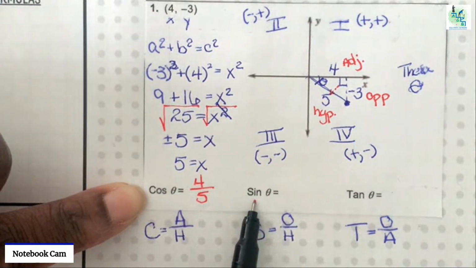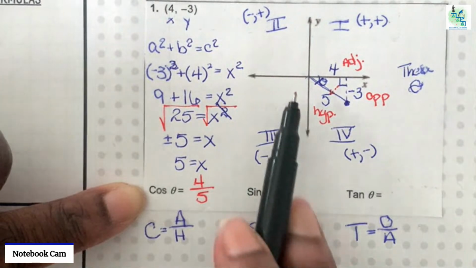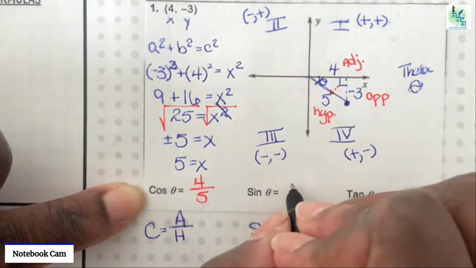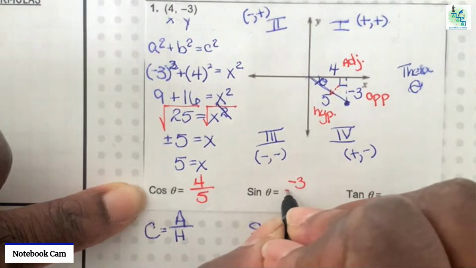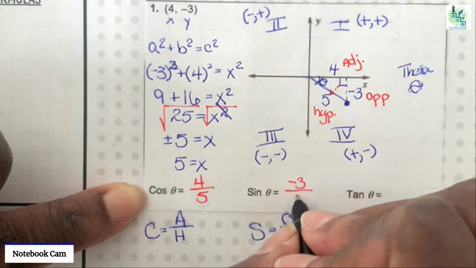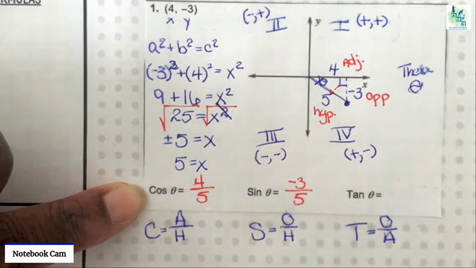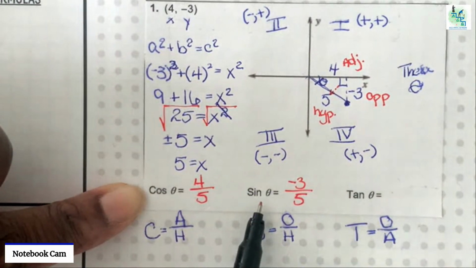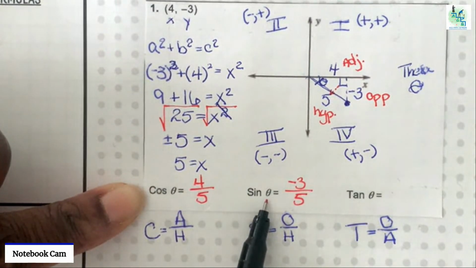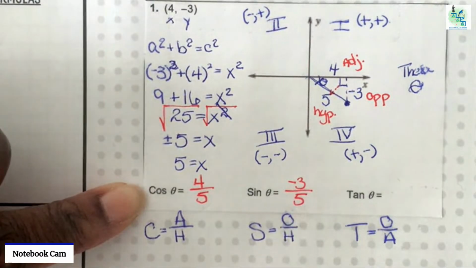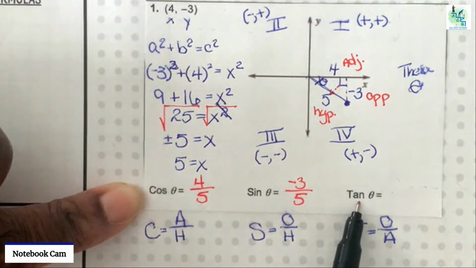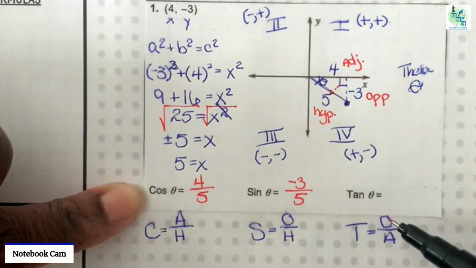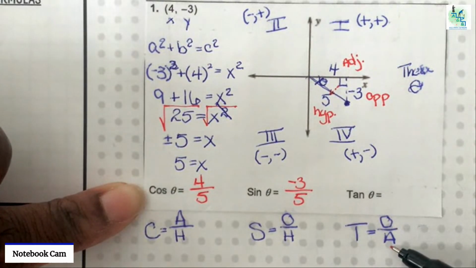Now the sine is your opposite over hypotenuse. Opposite is -3. Hypotenuse is 5. Okay, so the ratio for the sine of theta is going to be -3/5. And now your tangent is going to be your opposite over the adjacent.